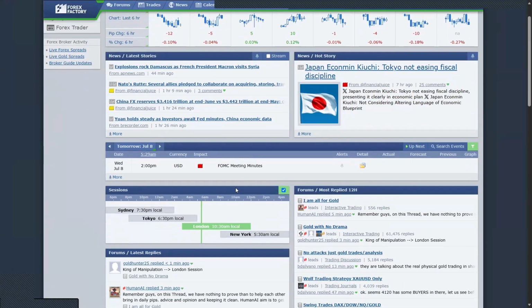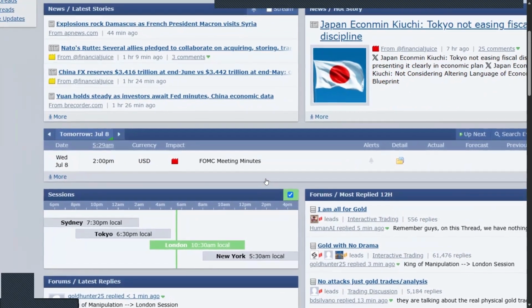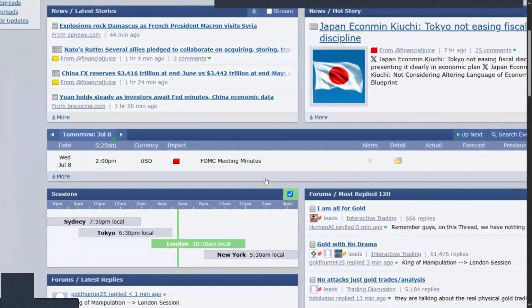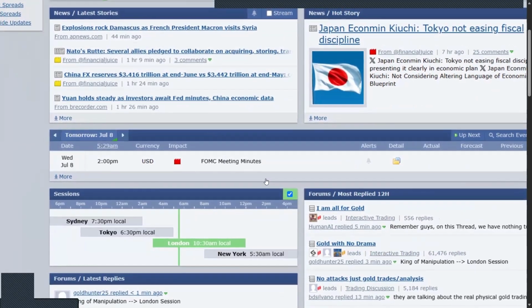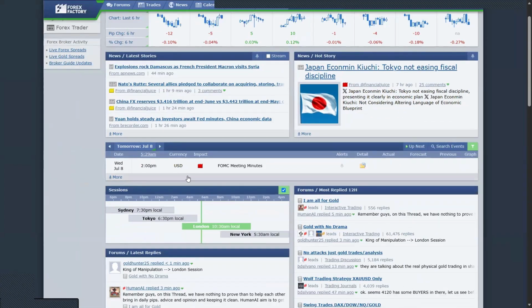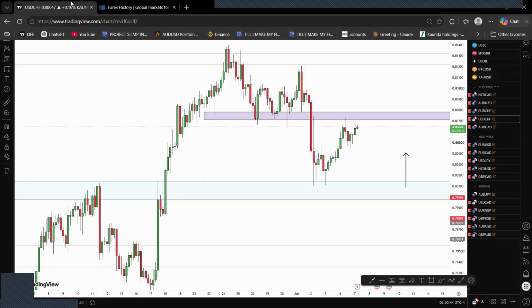This is the one that drives the market crazy. 2 p.m., just right after the 1 p.m. open, around 8 p.m. here. So when it is 9 p.m. here, then this will happen. I'm sure you can see it. Yeah, that's the news.